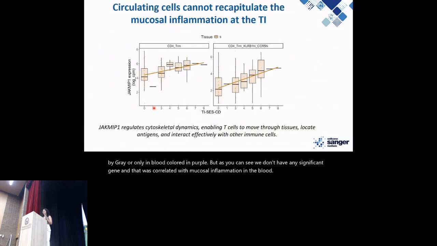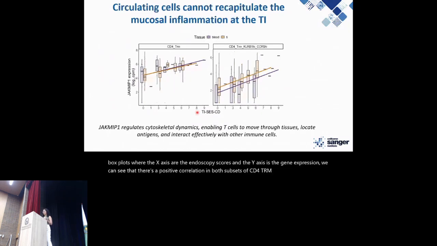So now I'm just going to show you a particular example of a gene called JAK-MP1. This gene regulates cytoskeletal dynamics, enabling T cells to move through tissues, locate antigens, and interact effectively with other immune cells. So as you can see in these box plots where the x-axis are the endoscopy scores and the y-axis is the gene expression, we can see that there's a positive correlation in both subsets of CD4 TRMs.